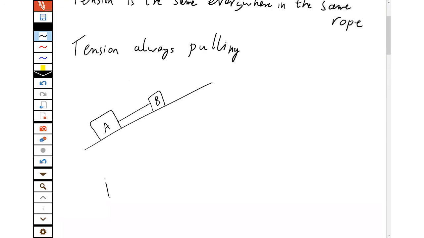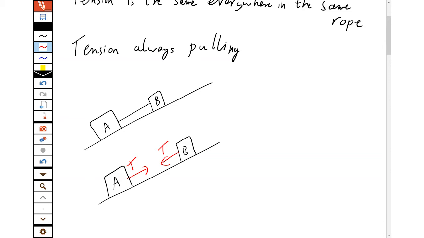So if I was to look at A just on its own, it'll feel a tension pulling up in the direction of the rope. If I now look at B on its own, it will feel the exact same tension pulling in the direction of the rope. So that's down the slope now. And it'll always be like this.